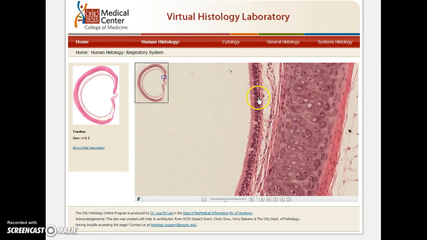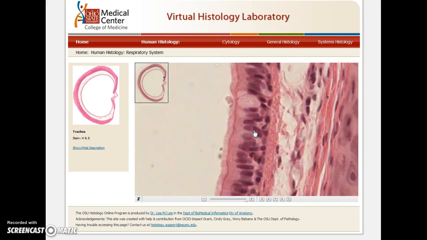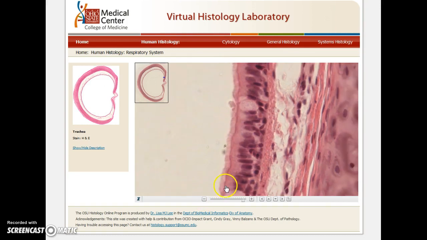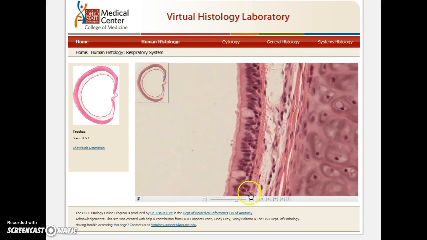And then right here I can see the epithelial tissue. This is a really good example here. This is the cilia on the outside. Kind of this dark line is the surface of the cell, and then the cilia are attached to the outside. And then this would be the basement membrane.